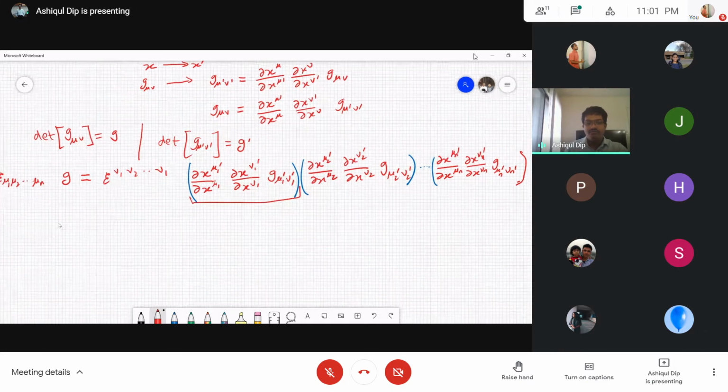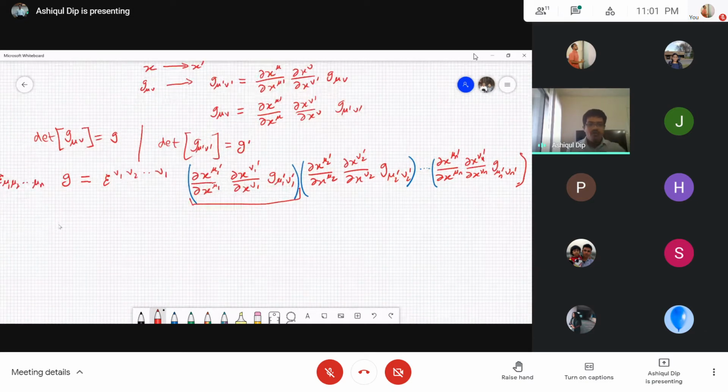Now we have already seen a relation: n factorial times the determinant of the Jacobian matrix is what?